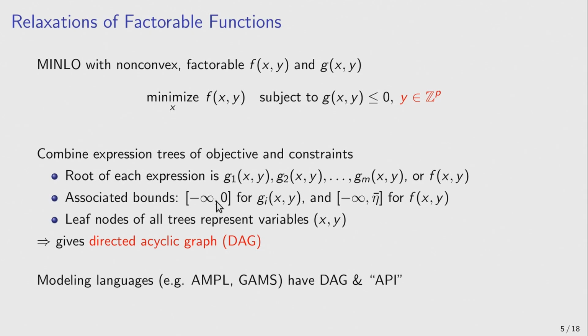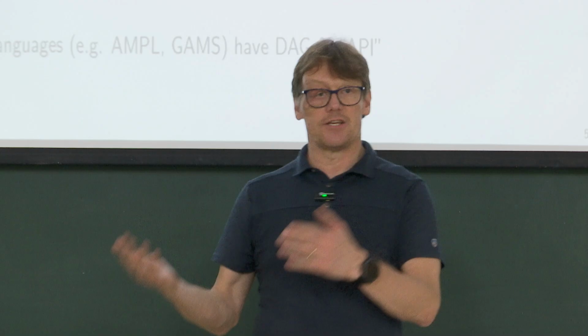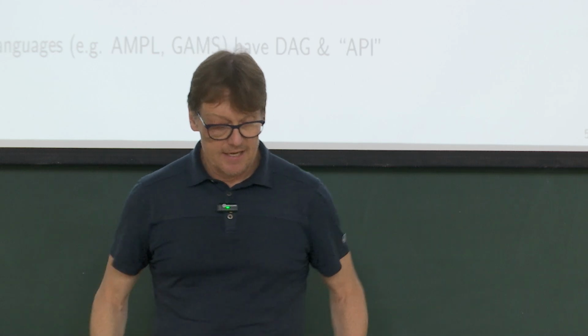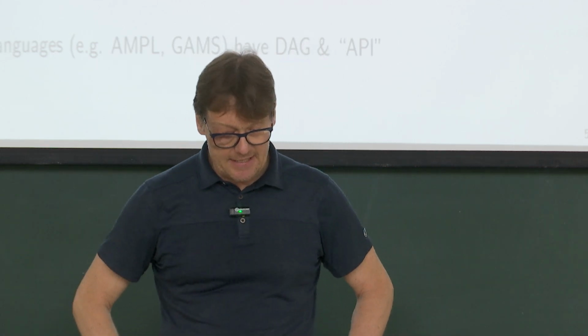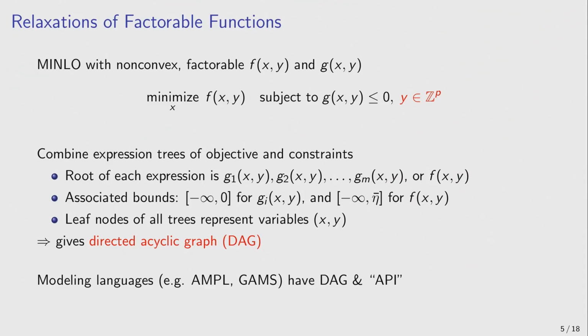So for example, for our inequality constraints, there's a lower bound of -infinity and an upper bound of 0 here. The leaf nodes of all trees are represented by variables, so the x or the y variables, the continuous or the integer variables. And this gives us a directed acyclic graph, and all the modeling languages use this representation or some form of representation like this internally.